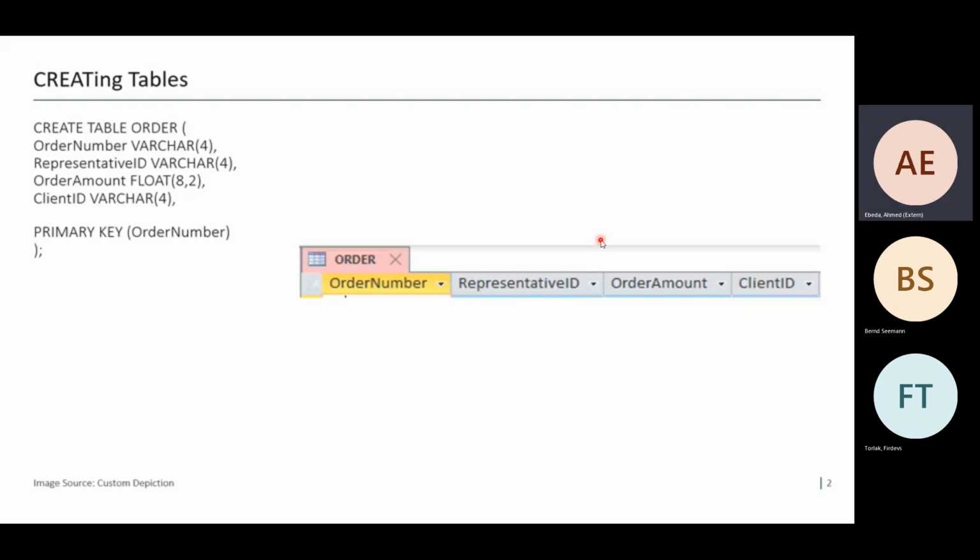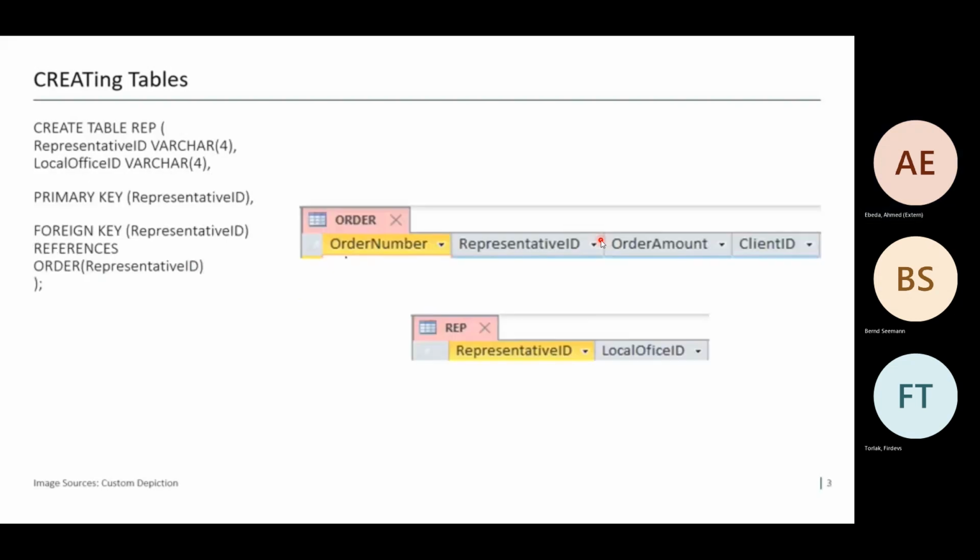We also need to define the primary key in the table. One way to do this is to add a primary key clause at the end of the create table statement that includes the field or the fields that form the primary key. We need to add the foreign key to the statement when the table contains one.